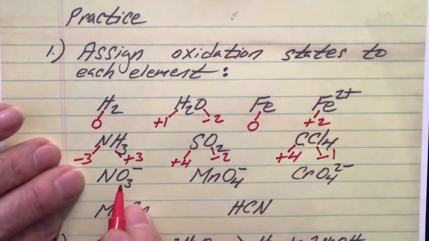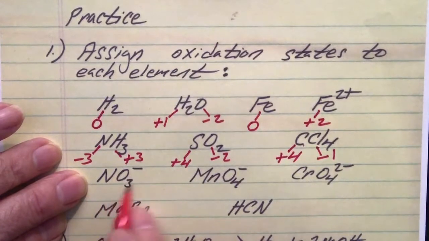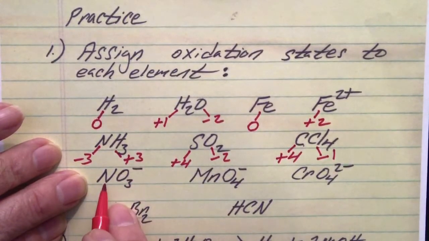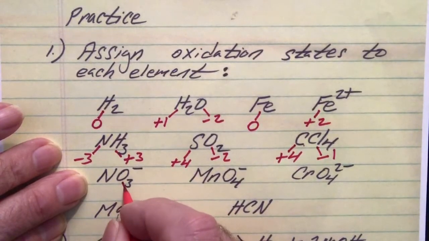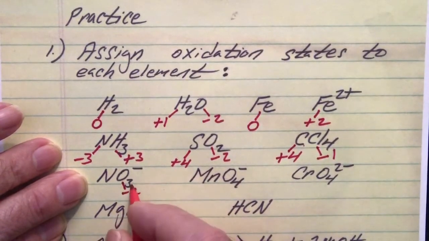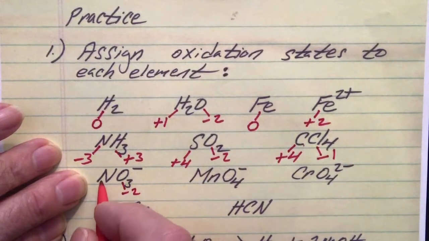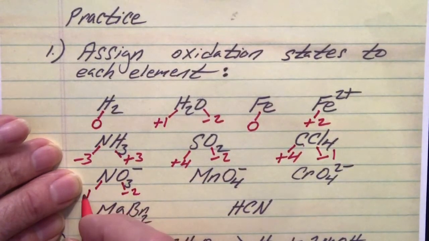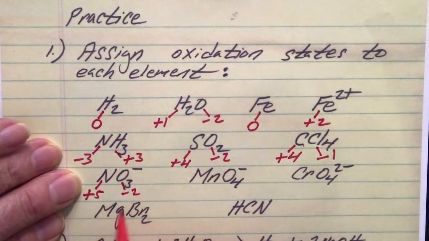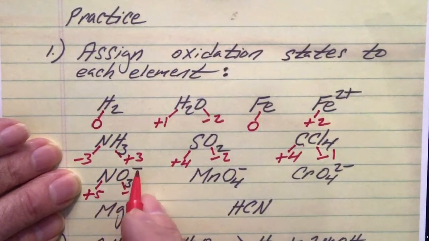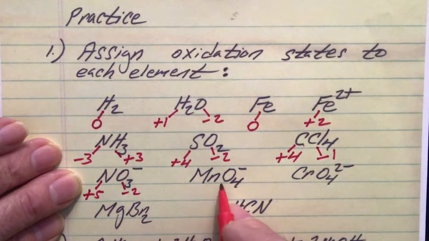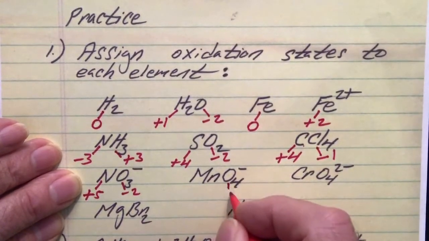And now for polyatomic ions, when we add together the oxidation states, it needs to equal the charge of the polyatomic ion. So again, oxygen is a negative 2. There's 3 of them, so the nitrogen must have the oxidation state of positive 5, so that when we add positive 5 plus a negative 6, we get a negative 1, the charge on the ion. For permanganate, oxygen has a negative 2.